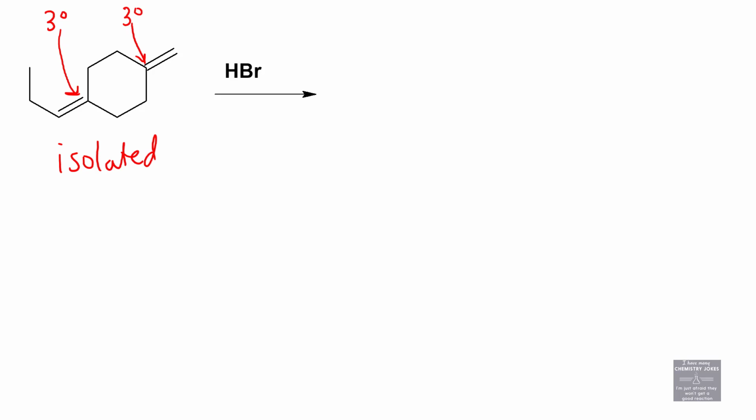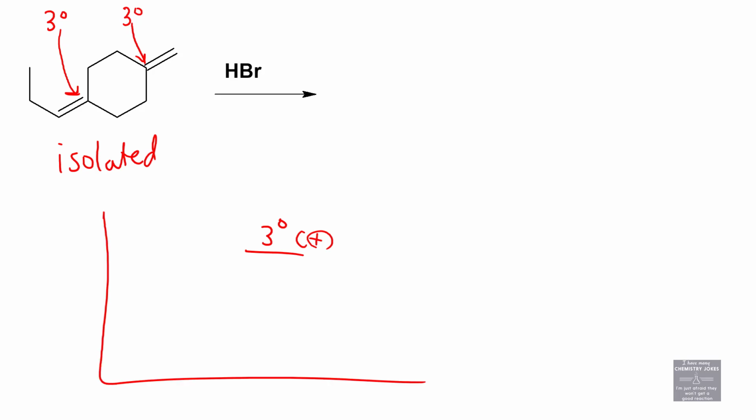When both of them make the same stability carbocation, so we have a tertiary carbocation sitting on the shelf, the stability of the carbocations does not decide my fate. The stability of the alkene decides my fate. I'm going to try to put it on the same hump.